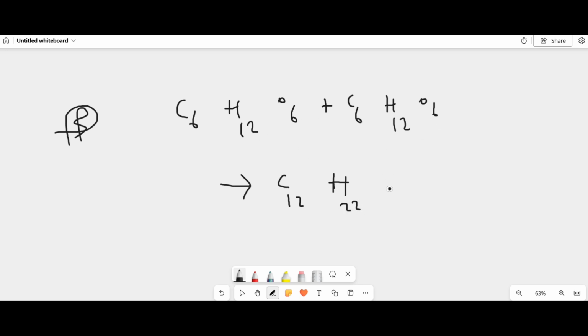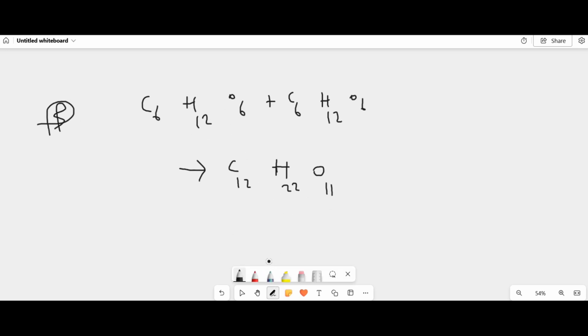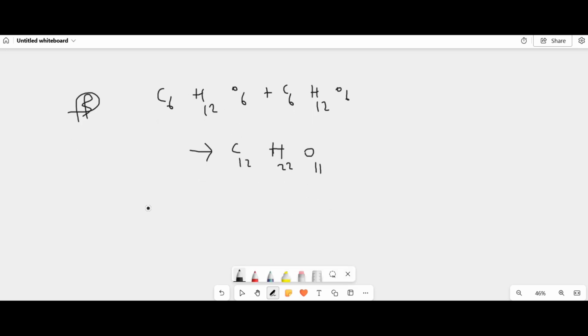And then O, 6 plus 6 is 12, but you need to remove one oxygen, because of H2O. So therefore it's going to be 11. Alright, calm. Now add this to the other molecule, since it's a triglyceride: C12H22O11 plus C6H12O6.